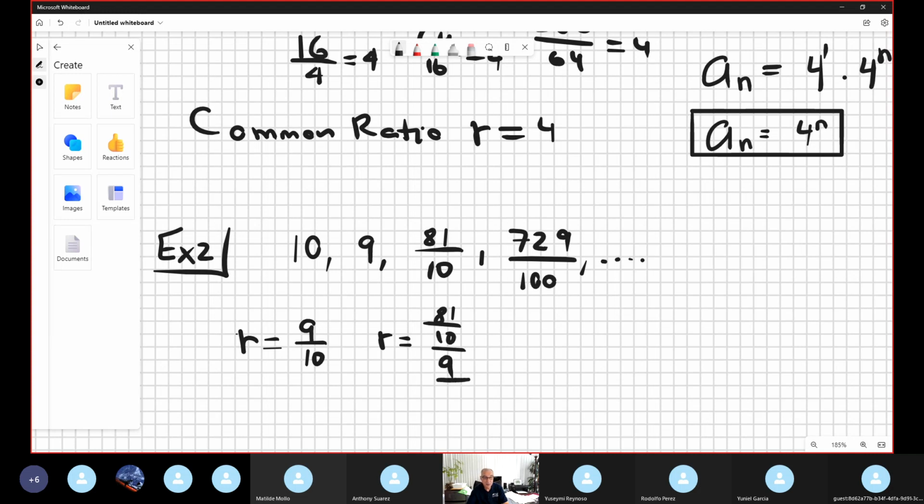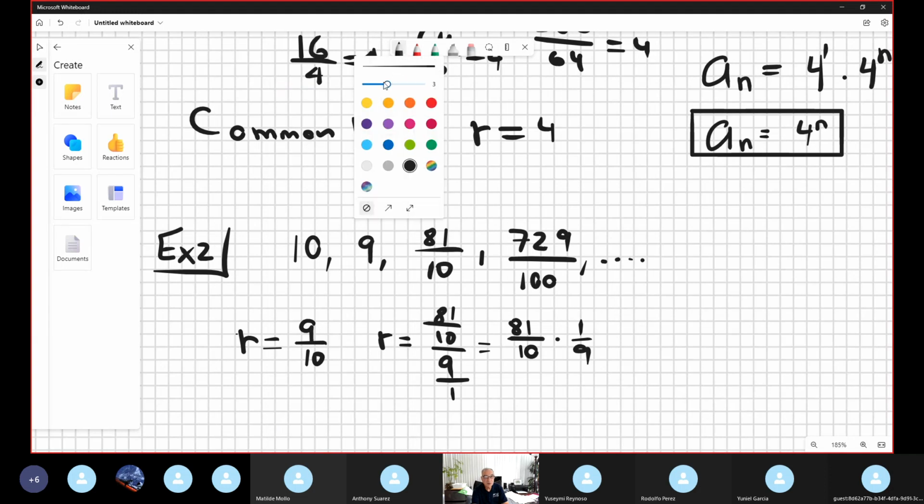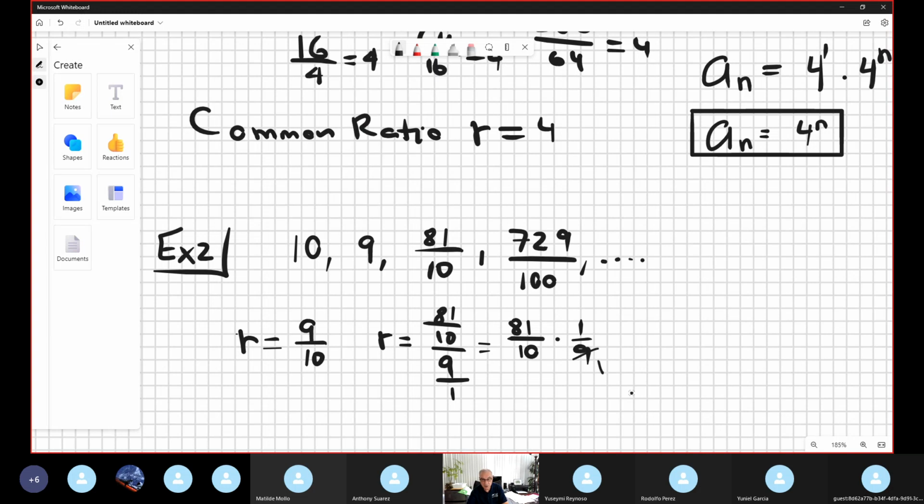Well, this is a complex fraction, so you copy the fraction in the numerator and multiply by the flipped fraction in the denominator. You can see clearly that 81 divided by 9 is 9, so you cancel out, and 9 times 1 is 9 over 10. Wow, fantastic. It looks like the same value.